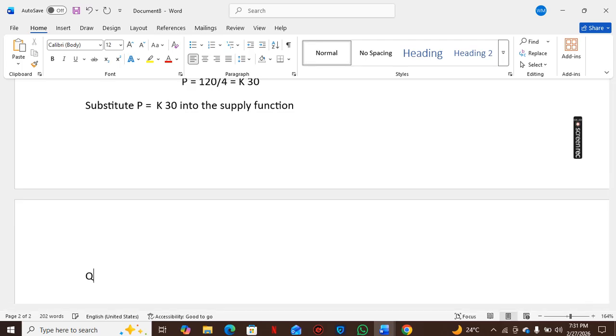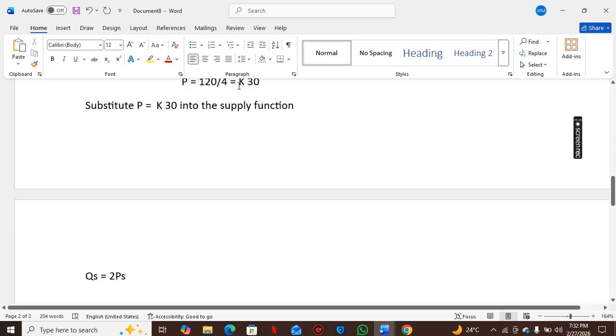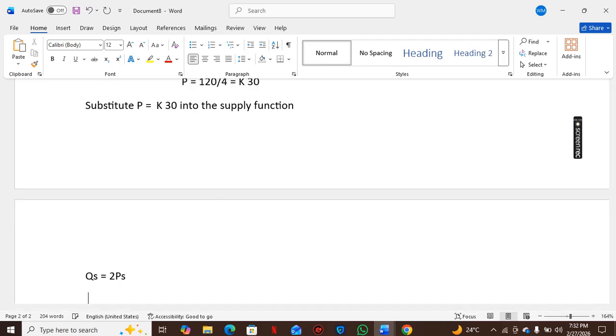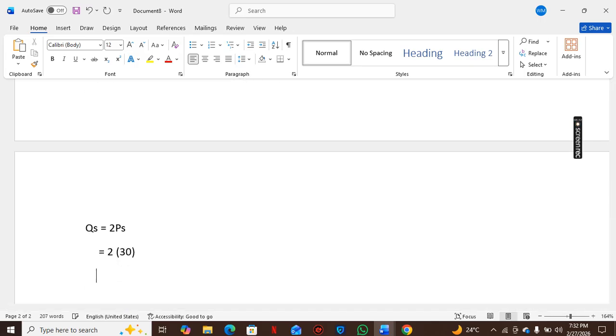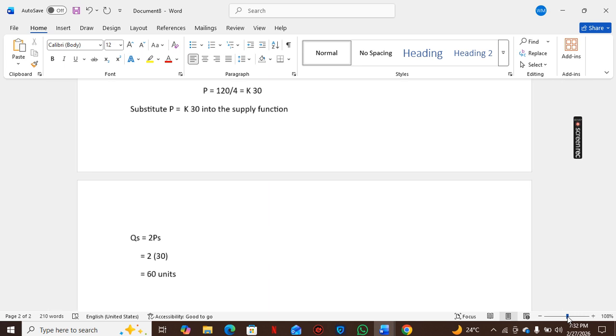So we've got QS equals 2PS. Remember, PS equals PD, which equals 30. So quantity supplied is just going to be 2 times 30. That is 60 units. Okay, colleagues, that is 60 units.